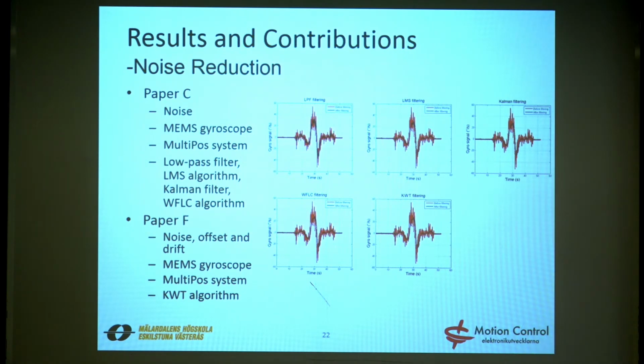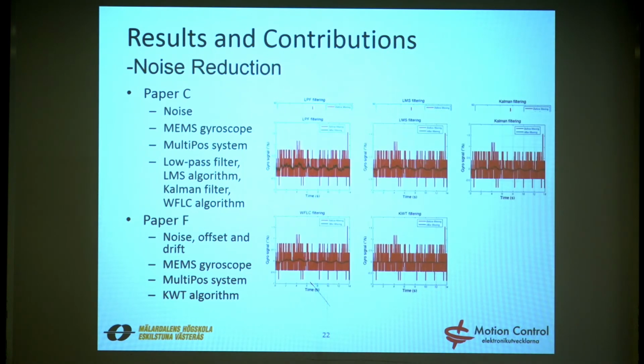The red curve is the measured MEMS gyroscope signal, and the black curve is the filtered signal. For more details, we can say that the KWT algorithm reduced the noise a lot compared to other algorithms.